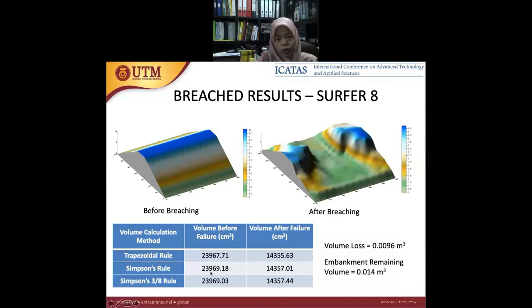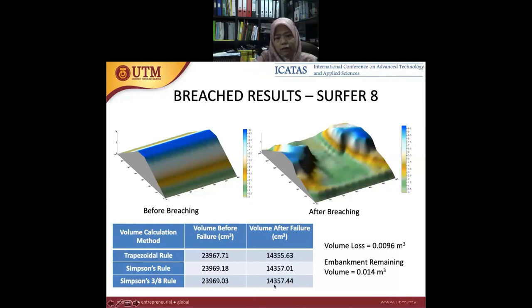First, we calculate the volume of the embankment before the breach. We got around 0.239 cubic meters, with similar values for all three methods.